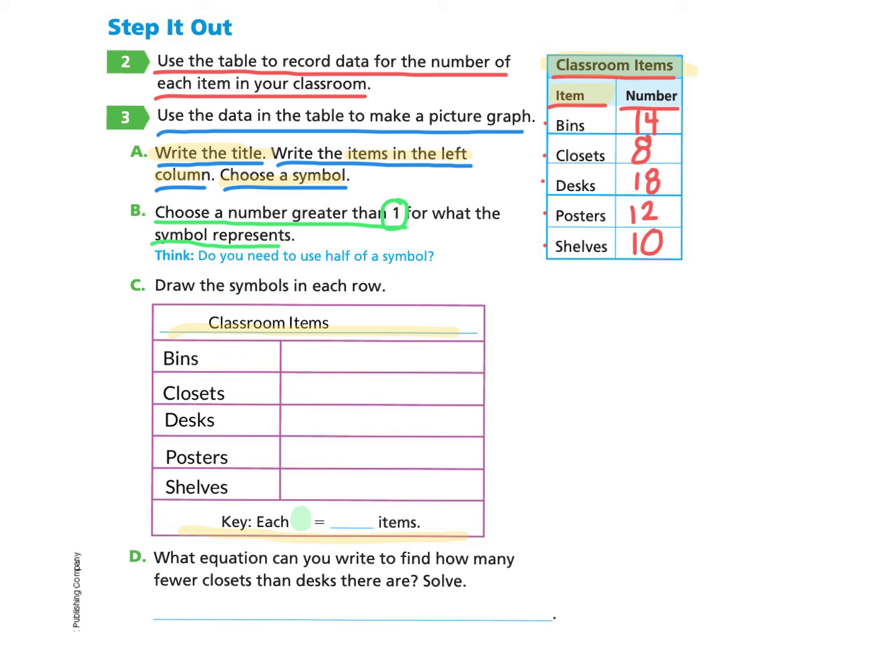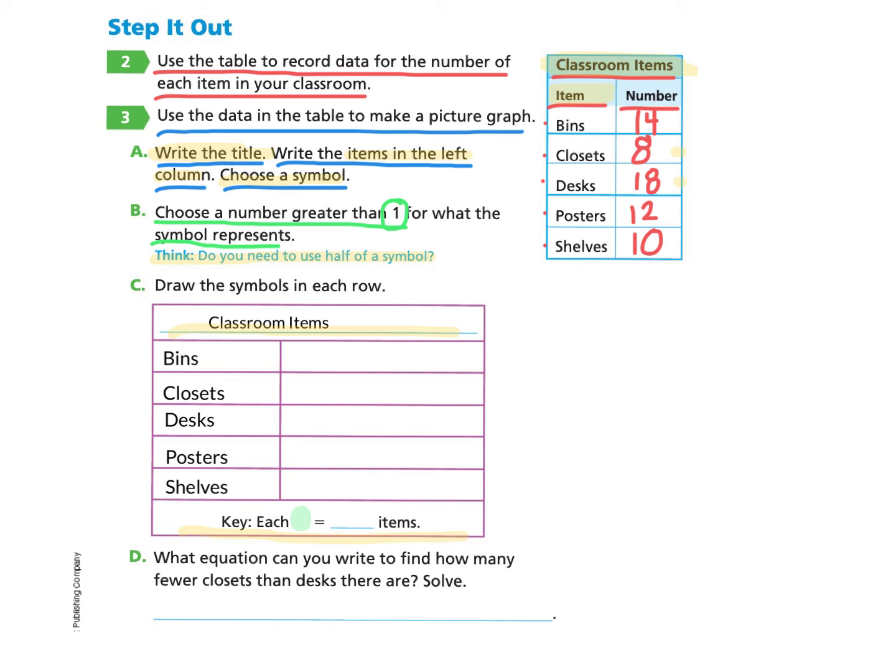And they do give us a little think reminder that says, do you need to use half of a symbol? So we're going to take a look at our numbers. And I'm seeing here that at least my numbers, the smallest number I have is 8, and the biggest number I have is 18.